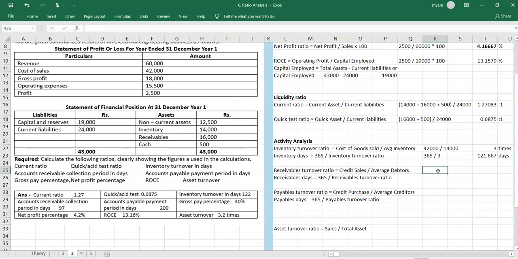So we have to get the sales. Credit sales is not available in this question. If credit sales is not available in the question, as we said in the earlier videos, you can assume all the sales to be credit sales. So it's going to be 60,000 divided by the debtors. Debtors value is 16,000.